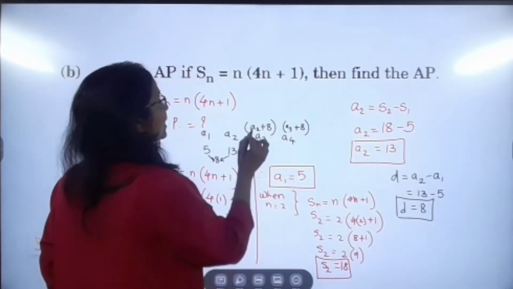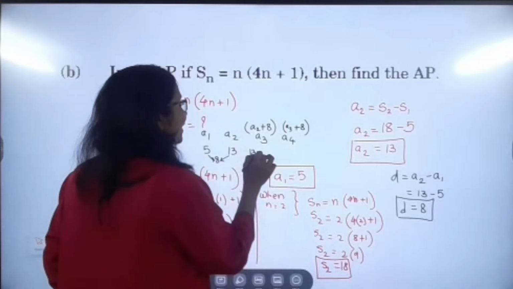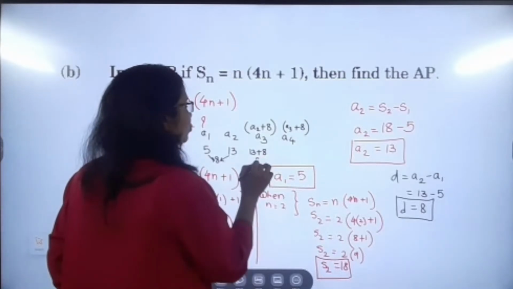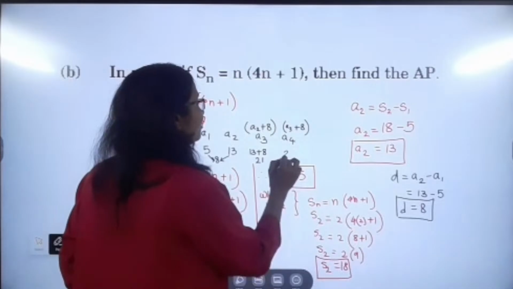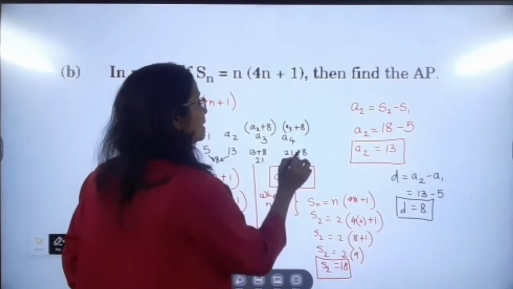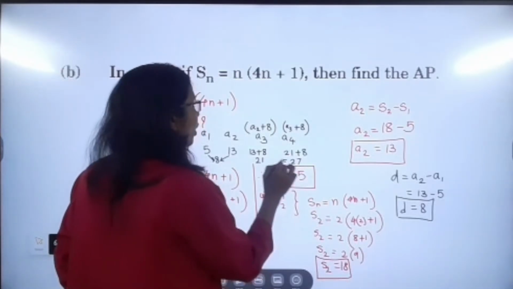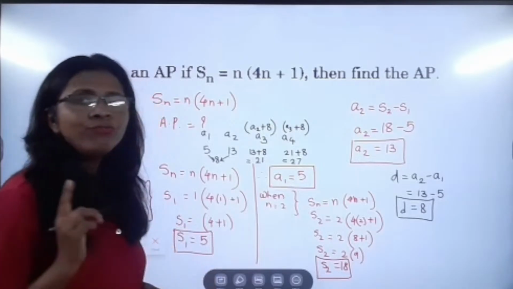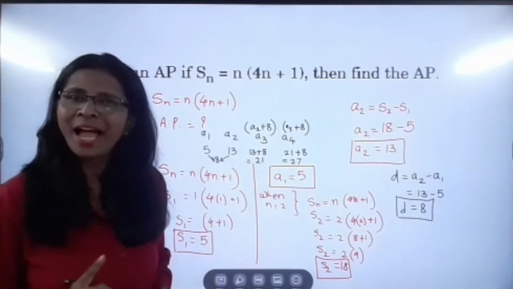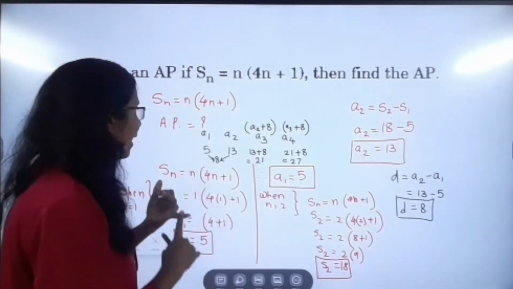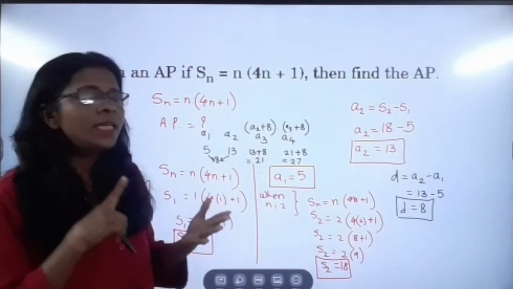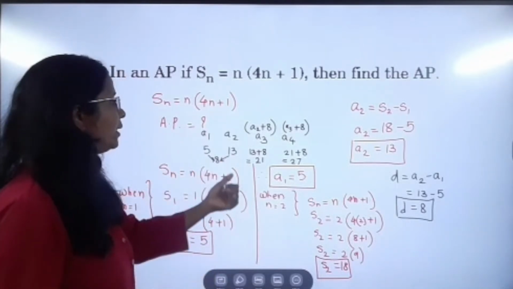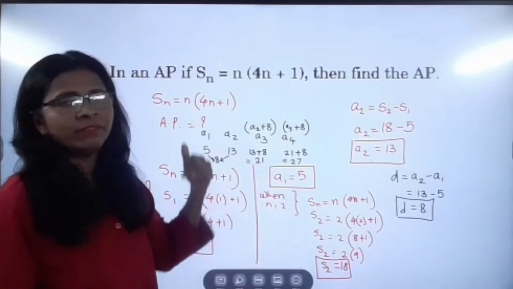So here, adding 8 to 13 gives 21. Adding 8 to 21, here it will be 27. In such a way we find A1, A2, A3 and A4, respectively 5, 13, 21 and 27.